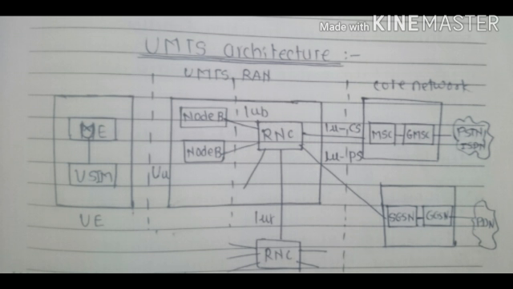It also comprises several components called Node B. The RNS comprises Node B and RNCs. RNC means radio network controller.